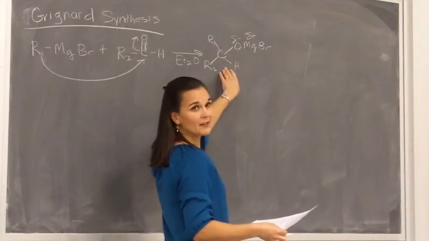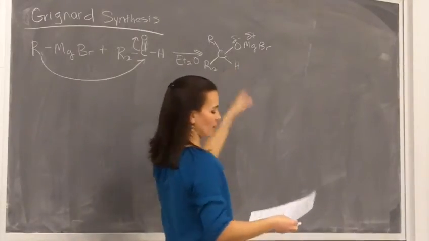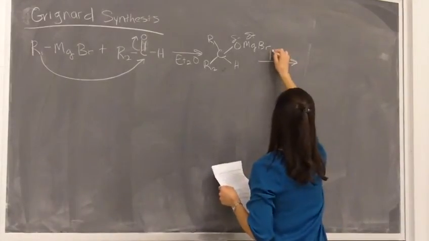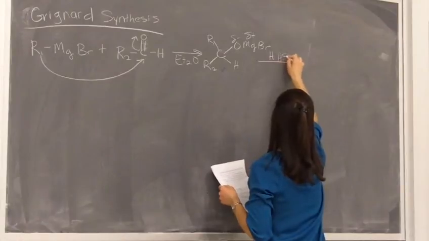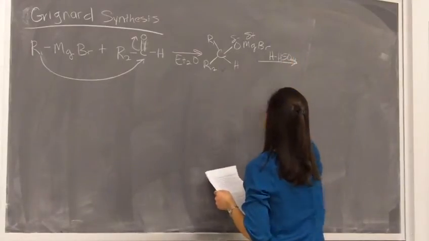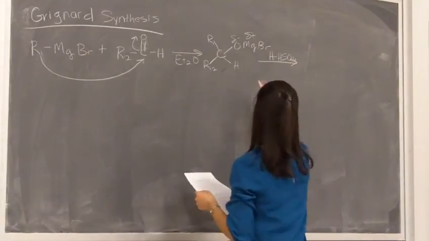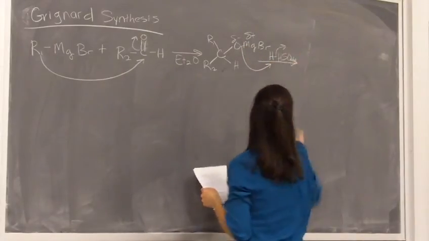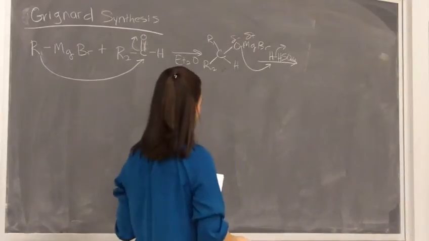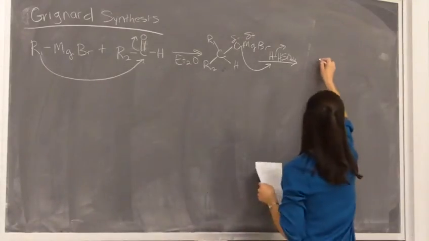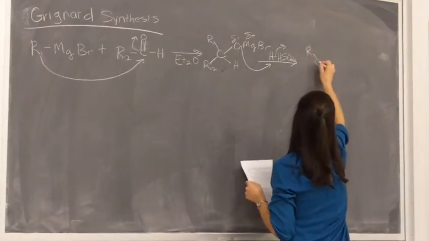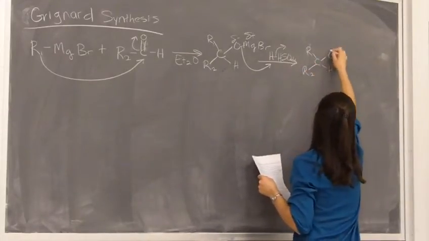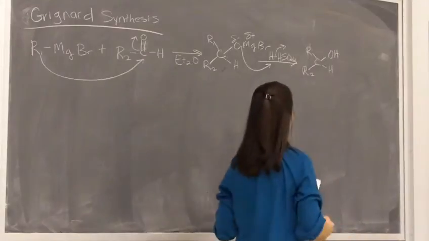We need to use acid to finish the workup to get our final alcohol product out, okay? And so we're using sulfuric acid. When we use the sulfuric acid, we get our alcohol out, which is our product that we want.